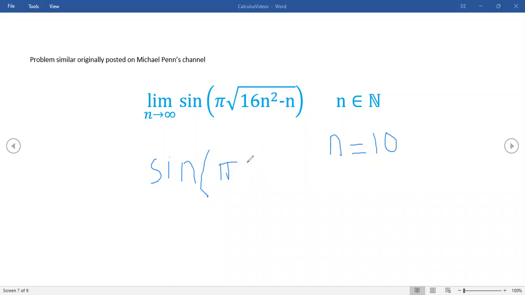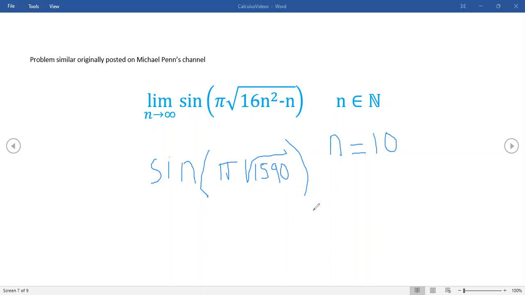And so what you would have right here is the square root of 1590, it turns out. I'm double checking it right now. 1590, again, for n equals 10: 10 squared is 100, 16 times 100 is 1600, 1600 minus 10 is 1590, and it's still the square root. Now let me just check this on the calculator.